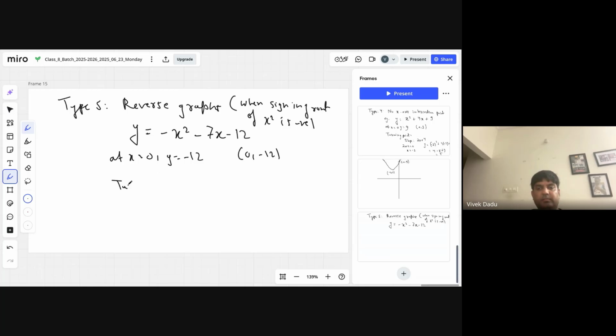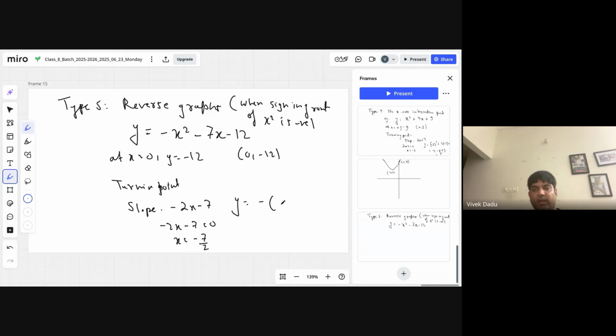Turning point, slope is minus 2x minus 7. Minus 2x minus 7 equal to 0. x is equal to minus 7 by 2.